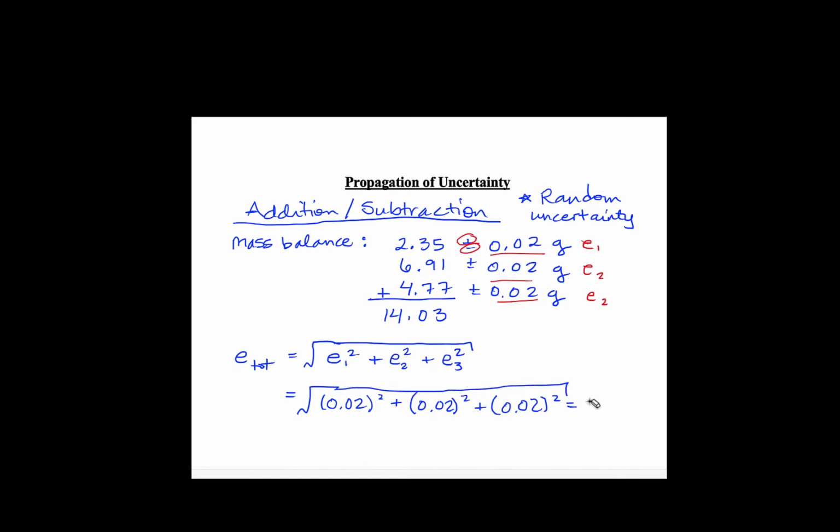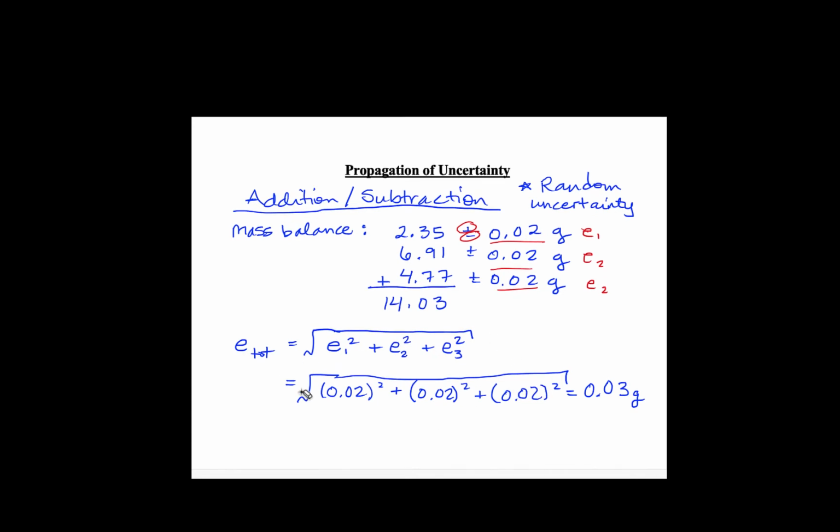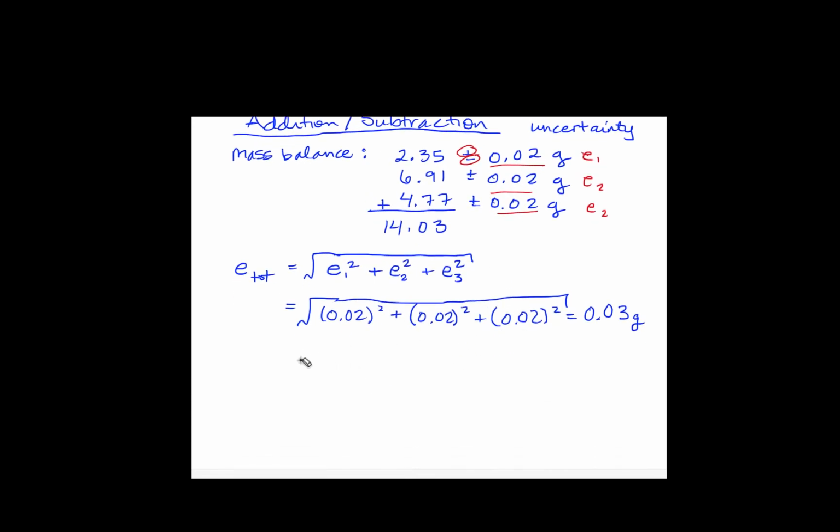So if you do the math here, you should get 0.03 grams for the uncertainty for this total. So we would report our total value for this mass as 14.03 plus or minus 0.03 grams.